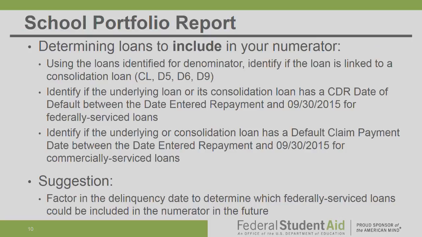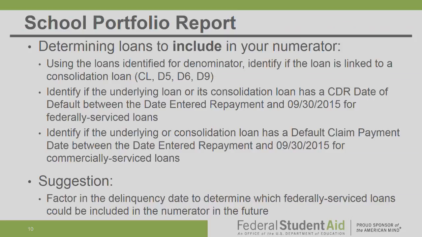And then we are going to identify if the underlying loan or the consolidation loan has a CDR date of default that falls within the date entered repayment or the 2 fiscal years following the date entered repayment. And that gives us our 3-year numerator period.